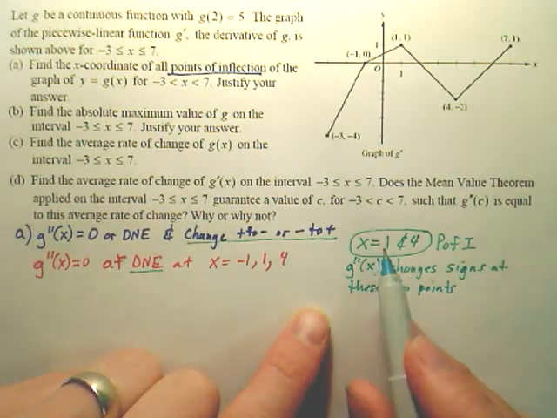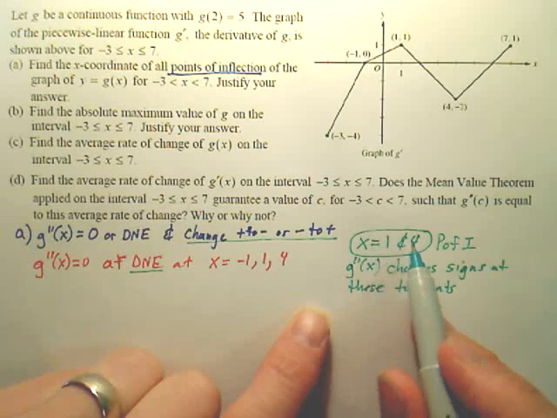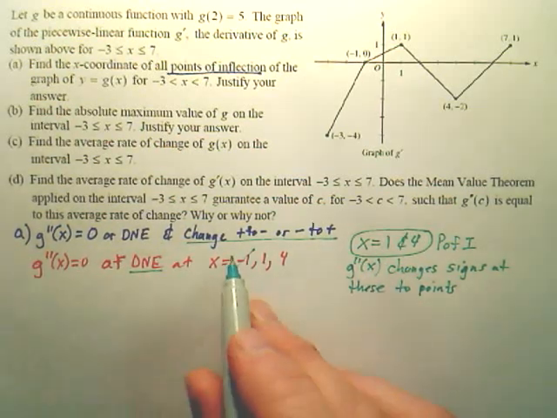The slope of this graph changes at these 2 points. This one does not work because it does not change.